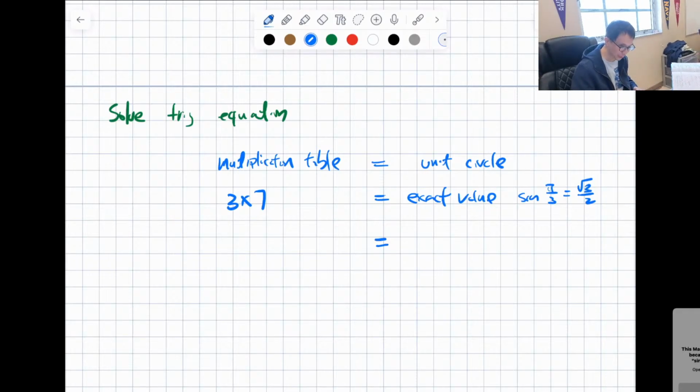What is the next one? Tangent inverse of, let's say, negative square root 3. Julian, do you know what tangent inverse of negative square root 3 is?